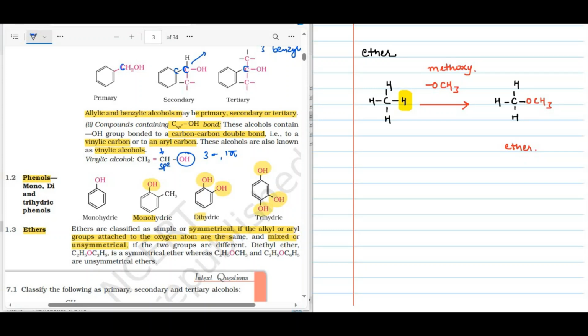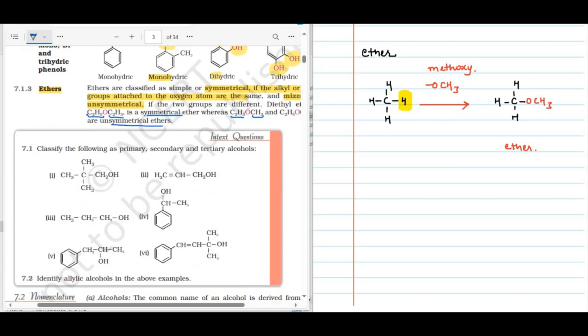Here in the example diethyl ether, C2H5OC2H5, oxygen is bonded to two similar alkyl groups. That's why this is symmetrical ether. Whereas in the other example, C2H5OCH3, the oxygen atom is bonded to different alkyl groups. That's why this is unsymmetrical ether.